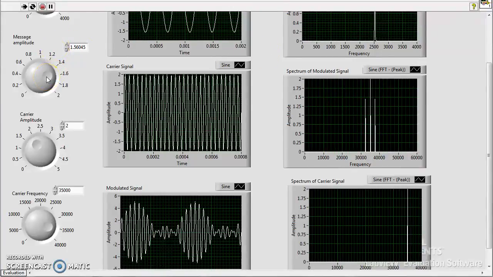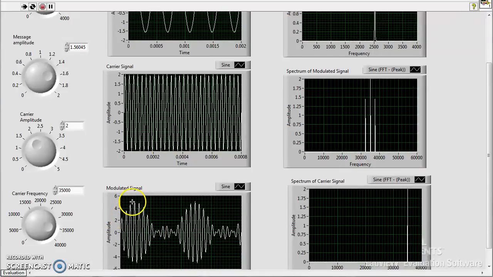This condition is not possible for the demodulation process. If we trace the envelope of the modulated signal, that is, the peaks of the carrier signal, we will get back our message signal.